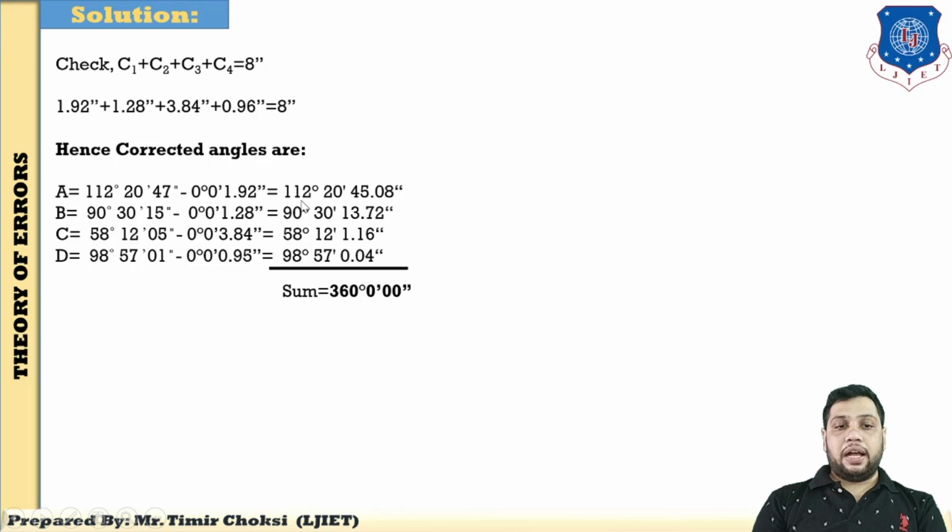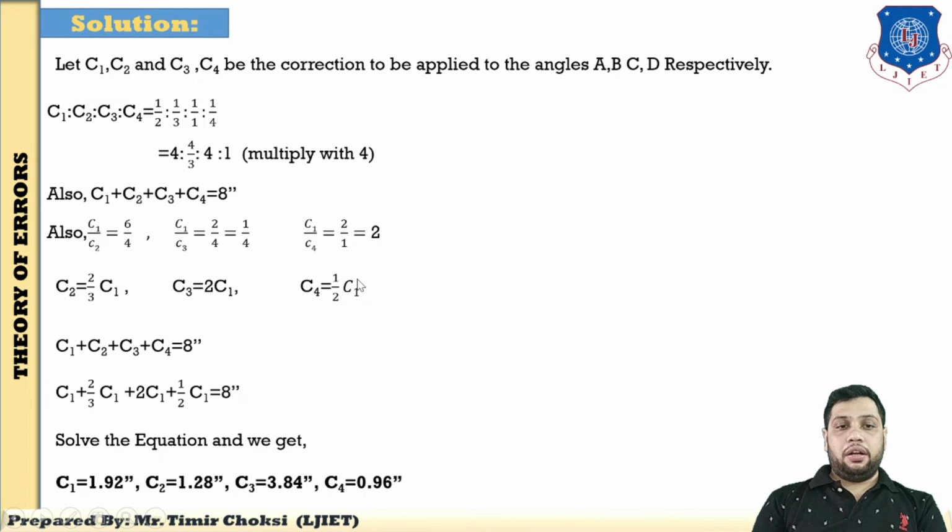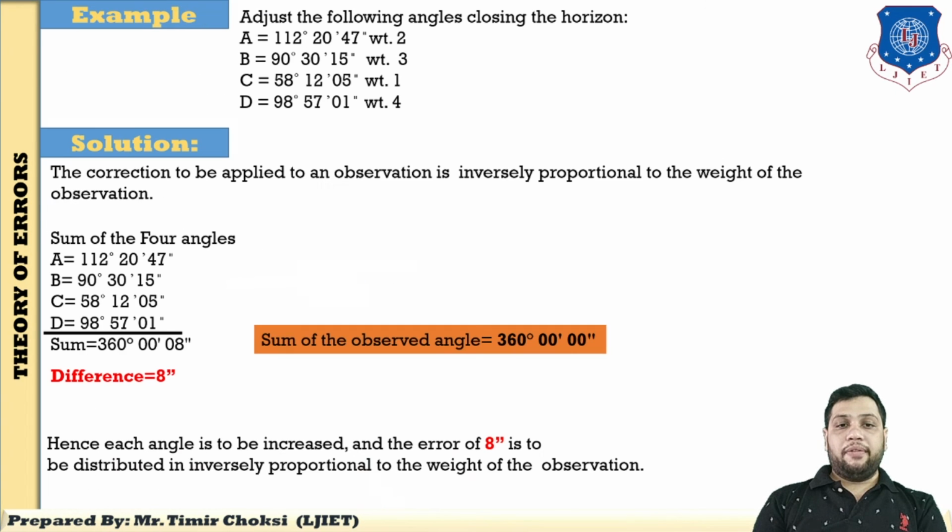So the final answer for angle A is 112 degrees 20 minutes 45.08 seconds. Similarly find the corrected values of B, C and D, and then add them, and the last answer is 360 degrees 0 minutes 00 seconds.